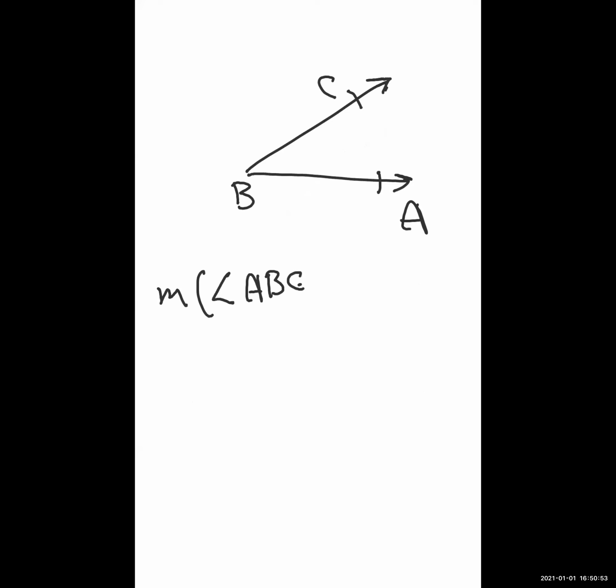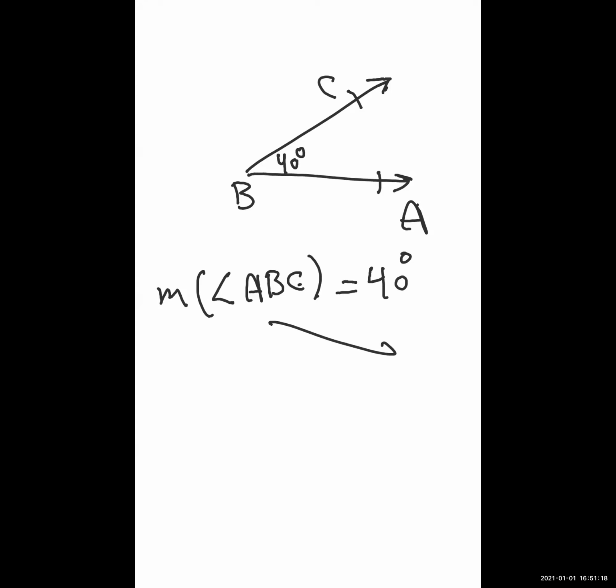So if there is one angle like this, A, B, C, and the measurement of the angle A, B, C is 40 degrees, so it will equal 40 degrees. So the unit of measurement of the angles is the degree. Then the degree is also divided into smaller parts: minutes.